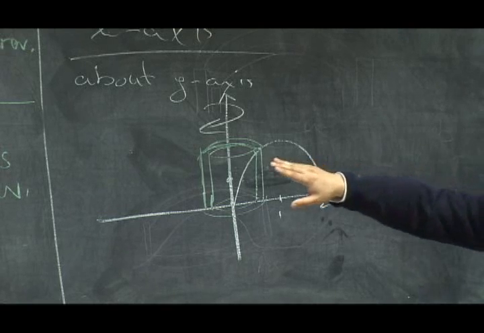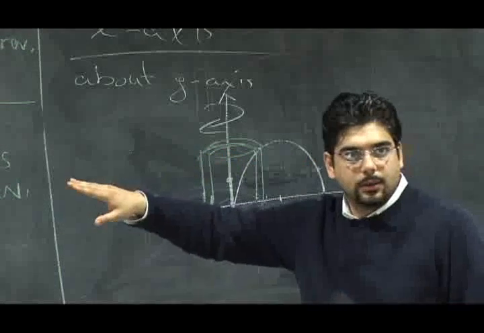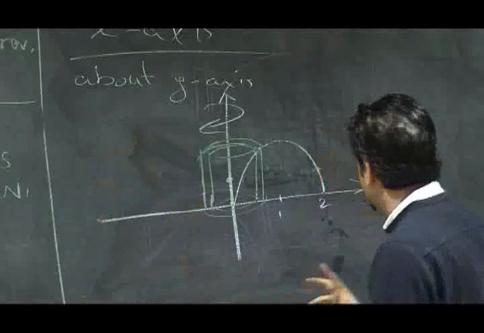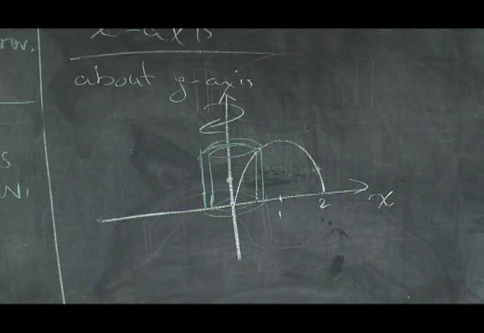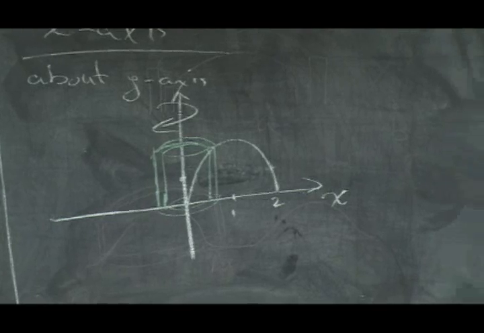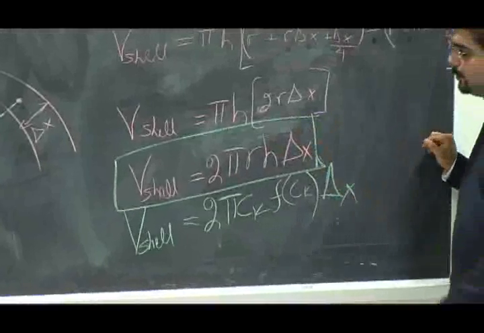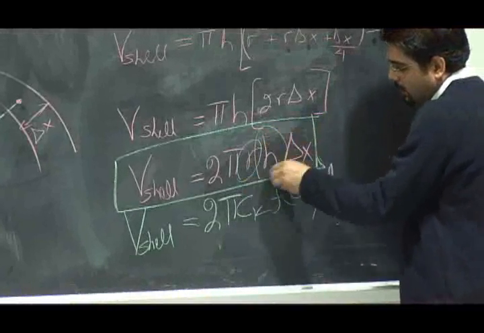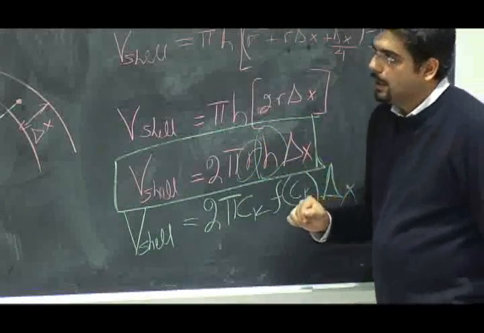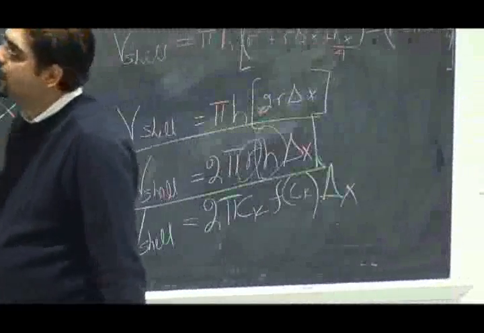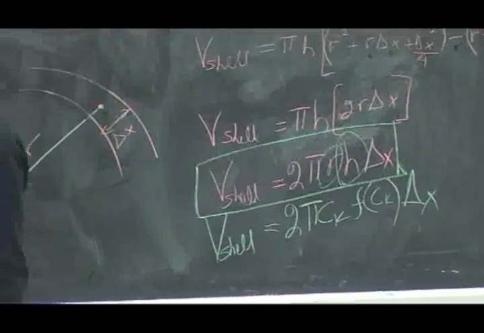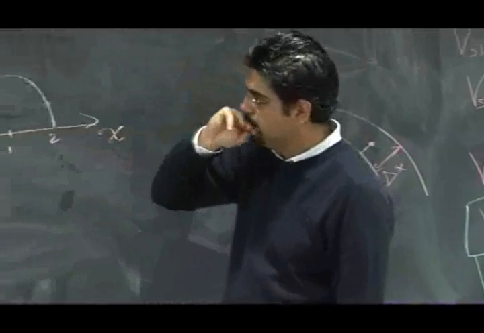Now that formula is not that useful, although that was like the big thing. What's more useful is this formula over here: two pi r h delta x, because usually what changes is r and h every time. If you revolve about the y-axis, then that's a good formula to use.